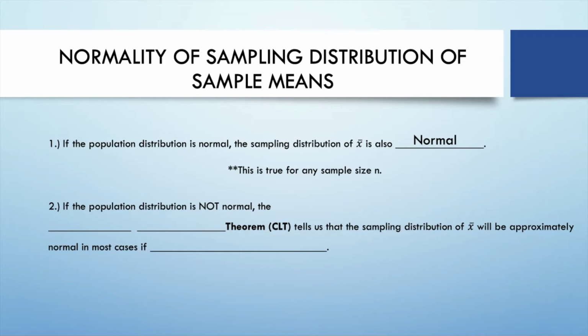But if it doesn't tell you the population distribution is normal, you have to check whether the central limit theorem works. If the population distribution is not normal, the CLT tells us that the sampling distribution of x bar will be approximately normal in most cases if my sample size is greater than or equal to 30.